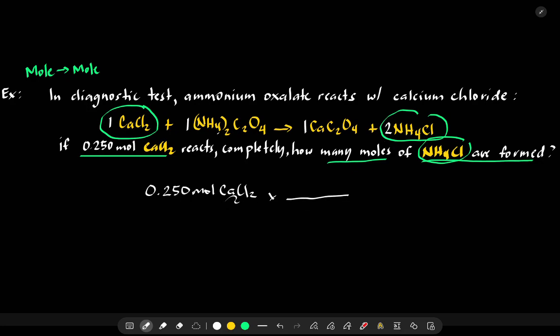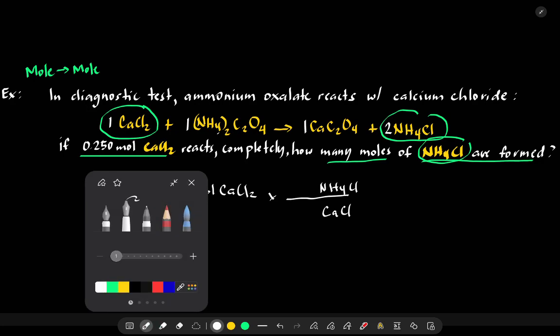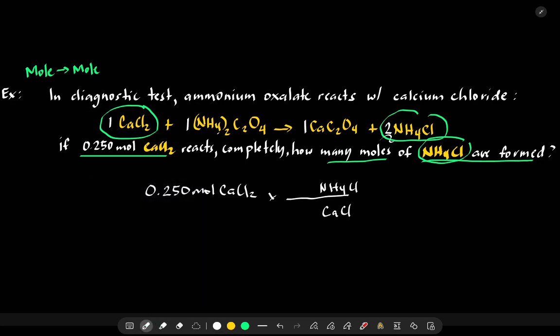Since calcium chloride itong nasa taas, siya po yung ilalagay natin sa baba. Then, ang hinahanap po natin ay laging nandun sa top, which is the NH4Cl. Okay? So, kokopyahin lang po uli natin yung number na nakikita natin sa balanced chemical equation, 2:1. So, kanino ilalagay yung 1? Dito sa baba, 1. Tapos, dun sa taas, ang 2.